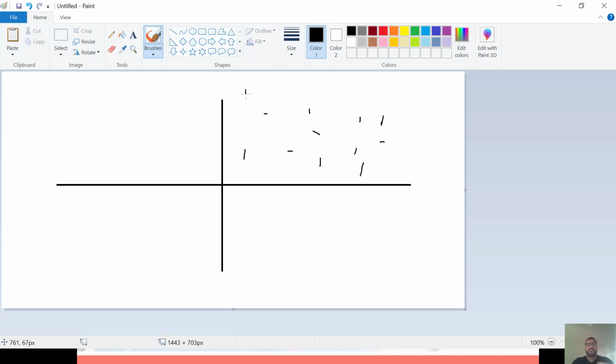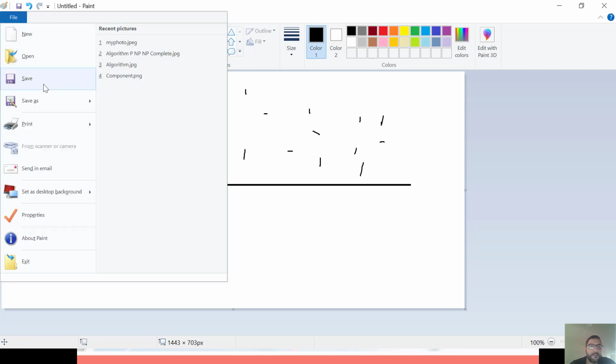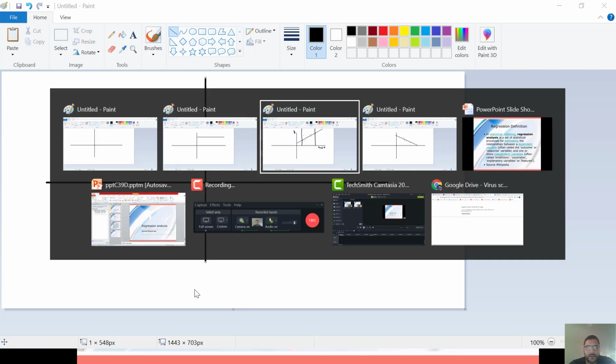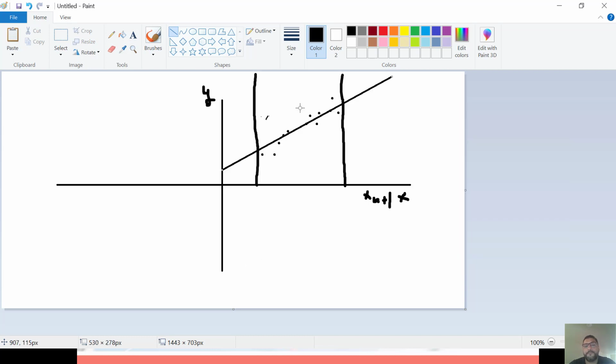So people were saying, okay, let's try to derive how to get this line or to draw this line. Let's go to one of the examples that we were talking about. In this case, I need to get the equation of this line.